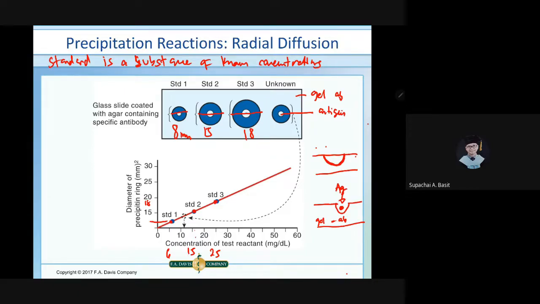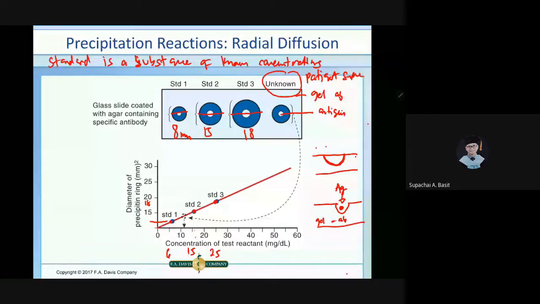And then, this is now your patient. Unknown is the patient sample. Let's say the diameter of the patient sample is 12 millimeter. So here is the 12 millimeter, and then it hits here.